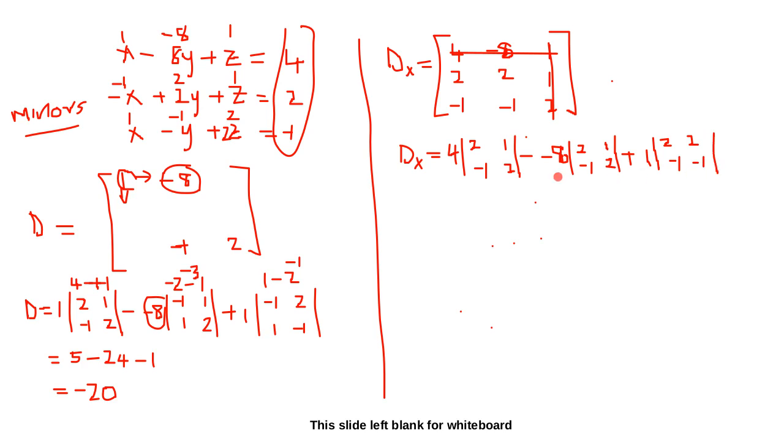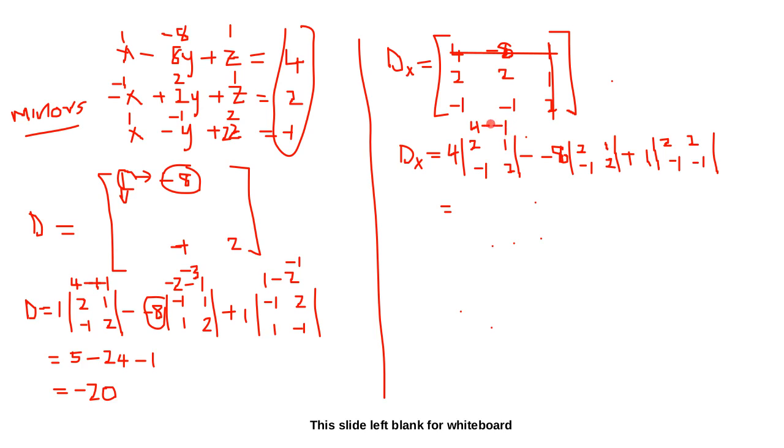Then we can now expand. So first of all, we start with this minor here. The elements in the leading diagonal, 2 times 2, that becomes a 4, minus negative 1 times 1, that is negative 1.